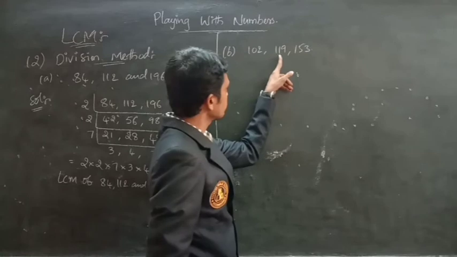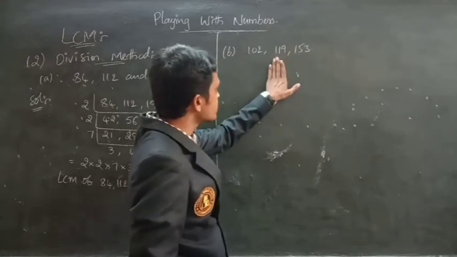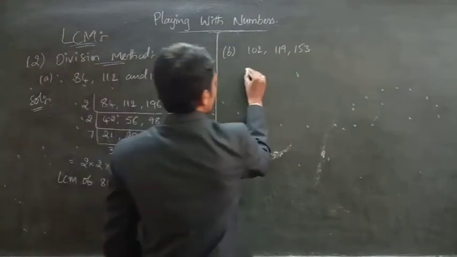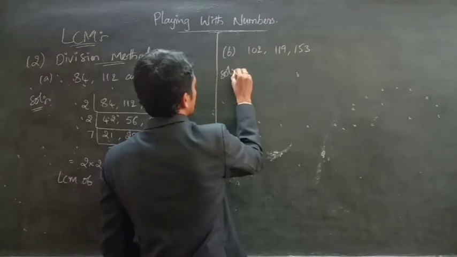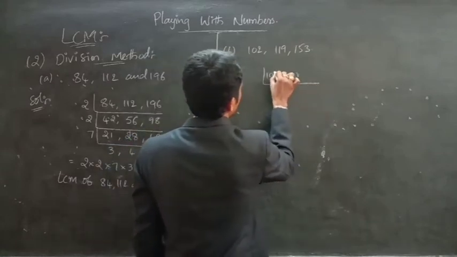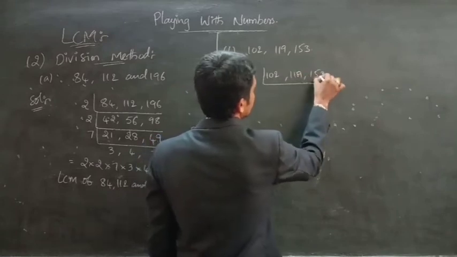Second problem: 102, 119, 153. We should find the LCM of the following numbers by using the division method. So let us write the solution. Let us write the numbers at a time: 102, 119, 153.